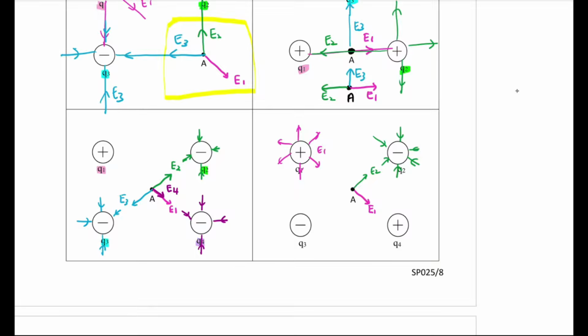And then Q3. Sama juga. Masuk ke sini. And then E4. Dia keluar kan? Betul? Sudah kan macam ni.